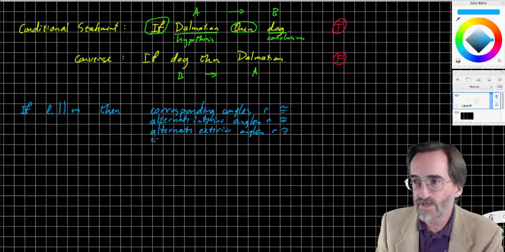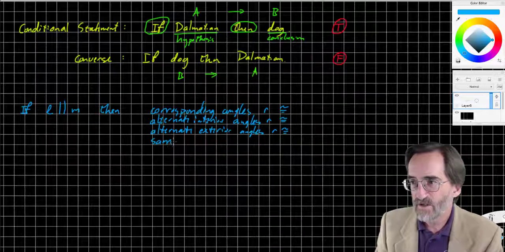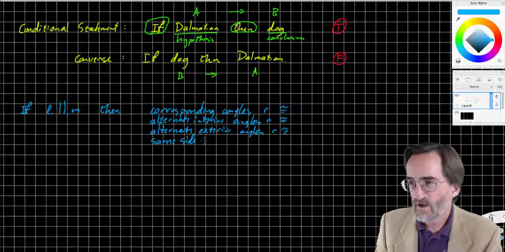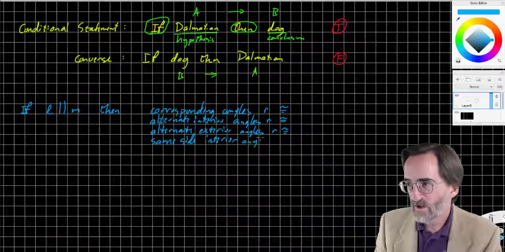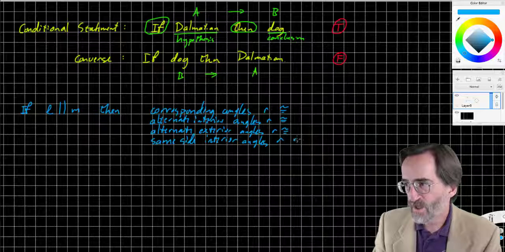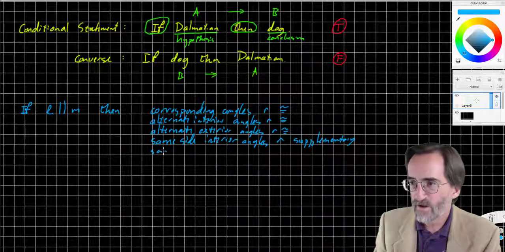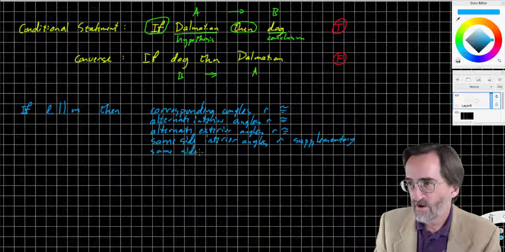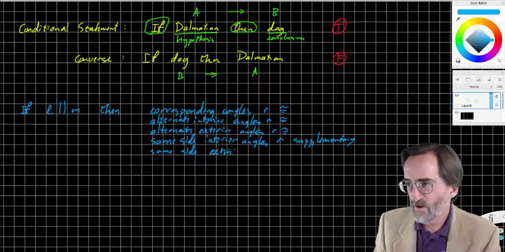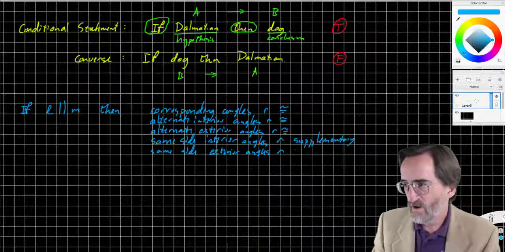We also learned that same side interior angles are supplementary, and we also learned that same side exterior angles are supplementary.